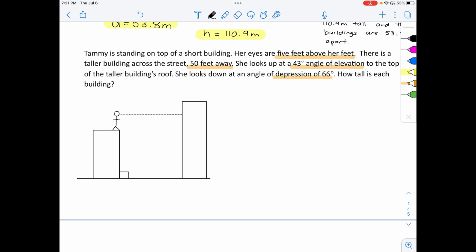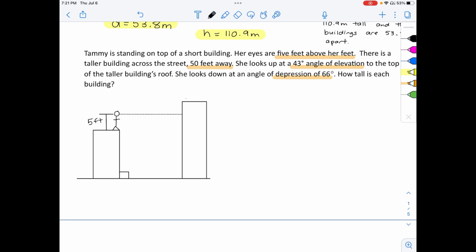Okay, so from where she's standing on the building to that imaginary horizontal line, that's not quite in line, but you can get the gist of it here. One second. Okay, that's actually in line there. And have this height labeled here. This is 5 feet.